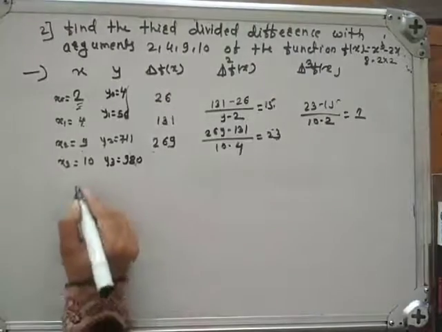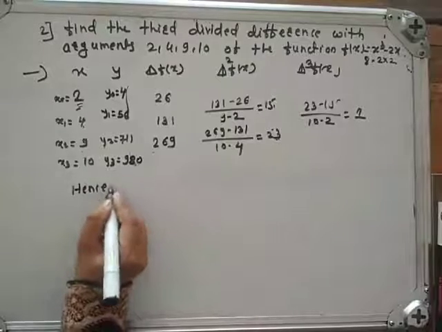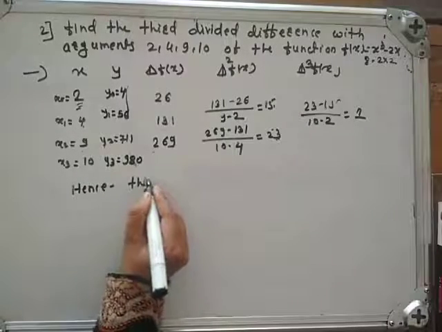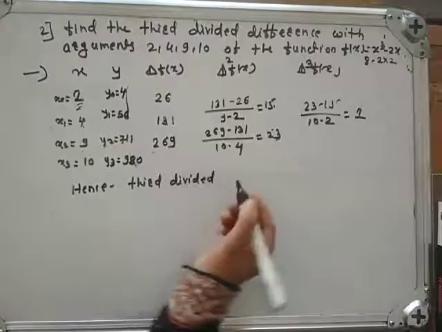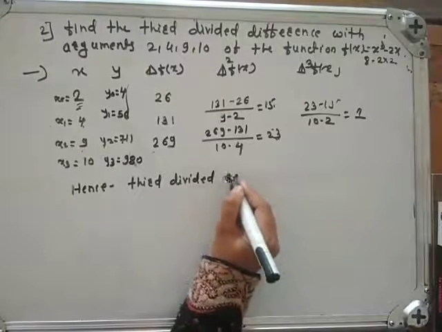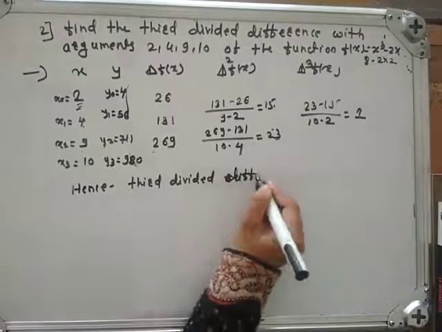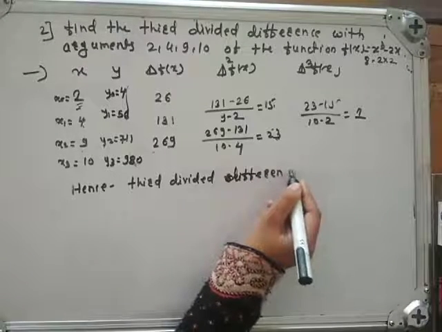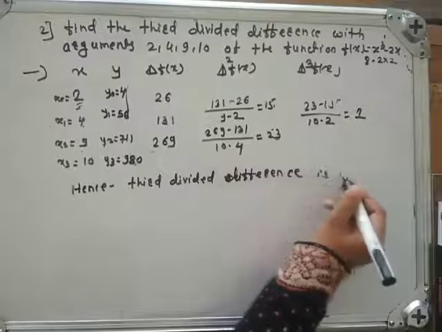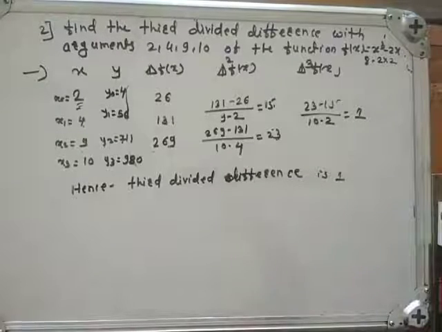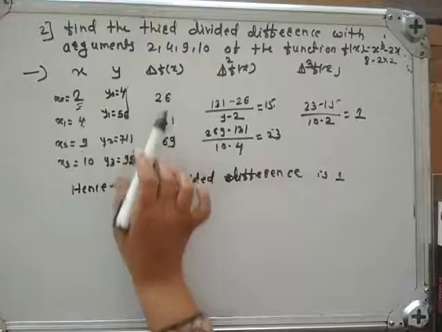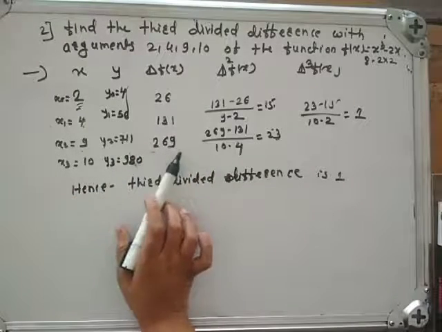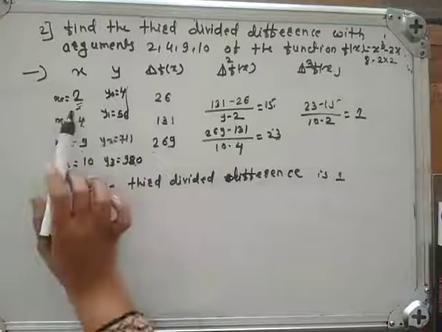Okay. Hence the third divided difference is 1.